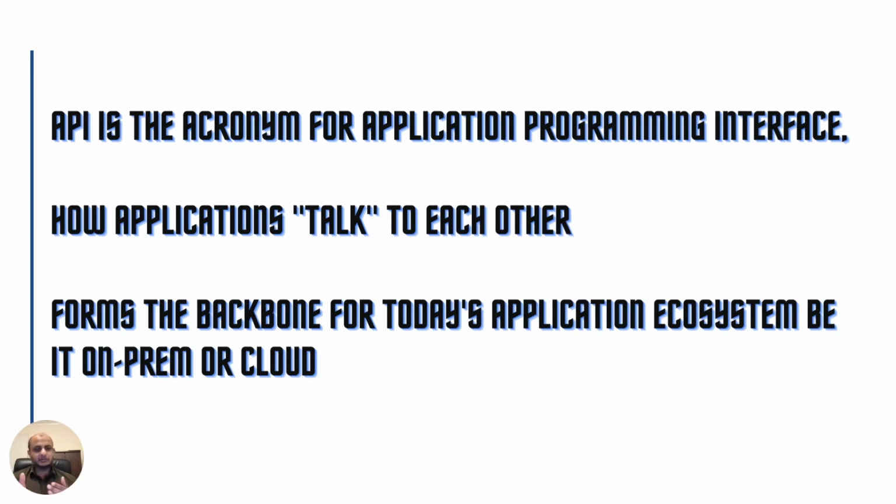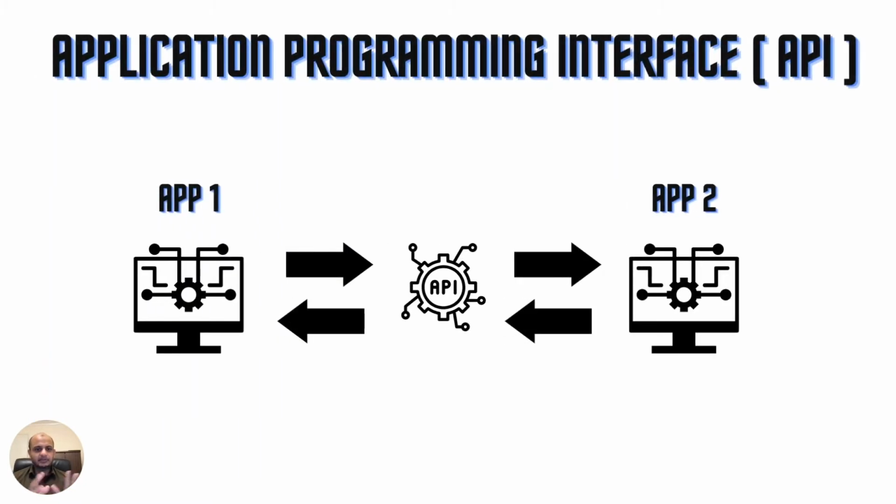It doesn't matter if it's on the cloud or on-prem, there will be an API there. So in simple words, what does an API do? It's a mechanism that allows software systems to communicate with each other. In its simplest form, it allows two applications to talk to each other. So app one wants to talk to app two and vice versa, and they can talk through an API.